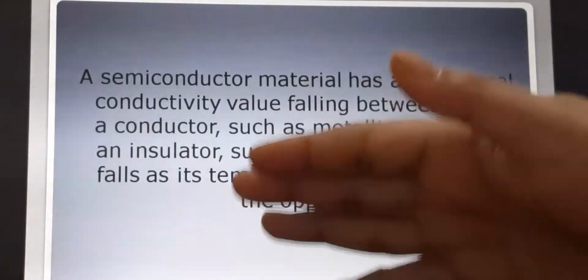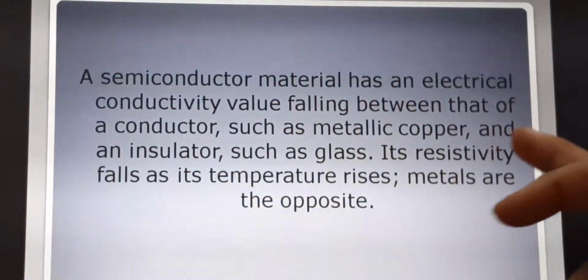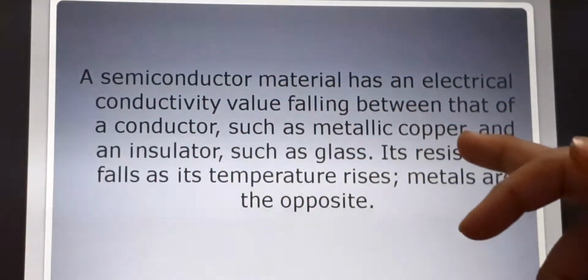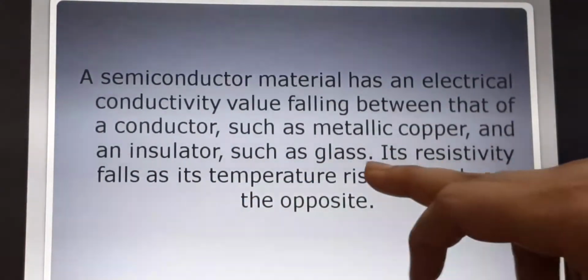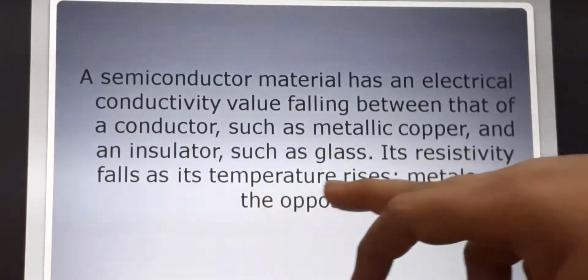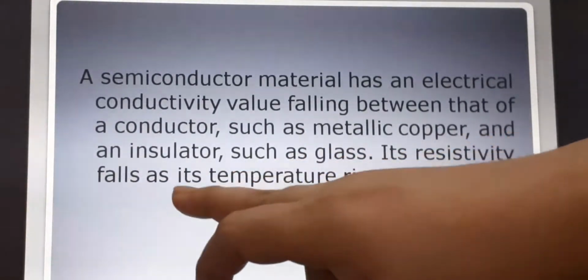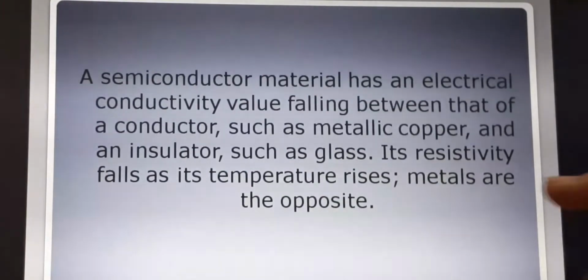A semiconductor material has an electrical conductivity value falling between that of a conductor such as metallic copper and an insulator. This line is very important. Its resistivity falls as its temperature rises. So when the temperature rises, it can flow current, because current flows when the resistivity falls and temperature rises.